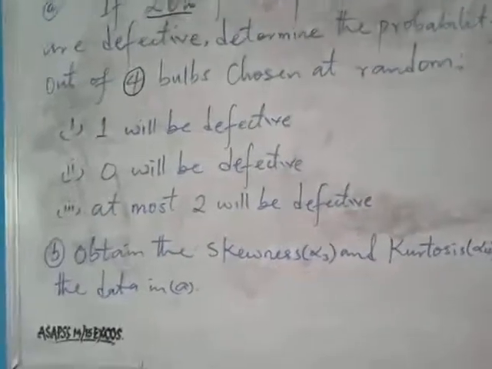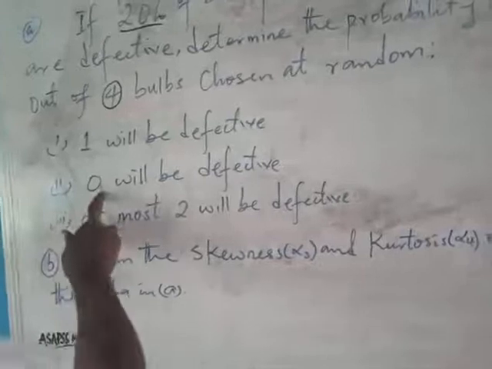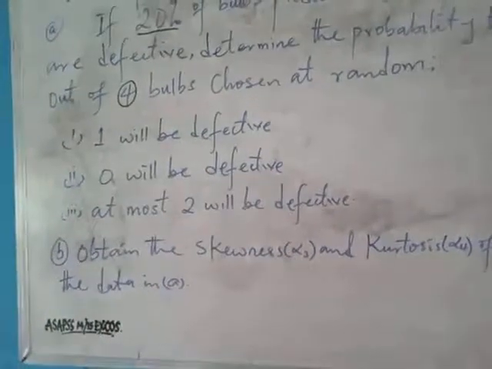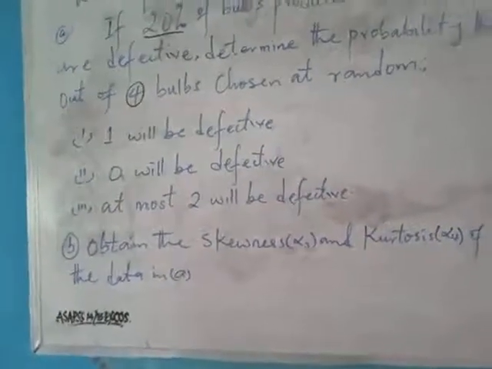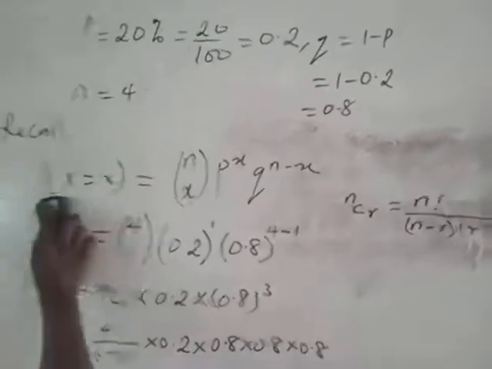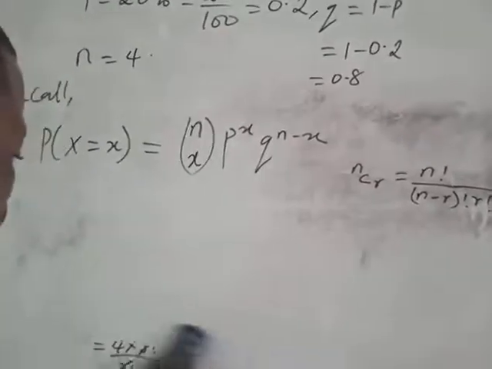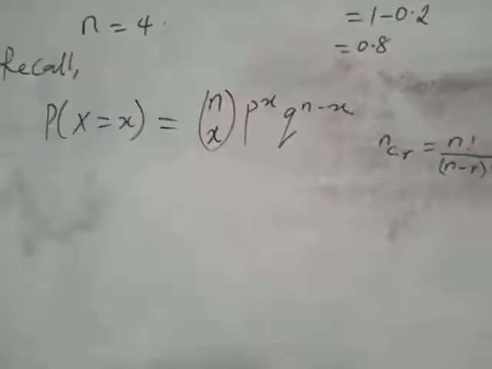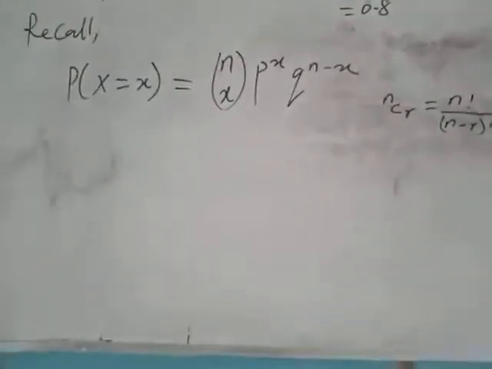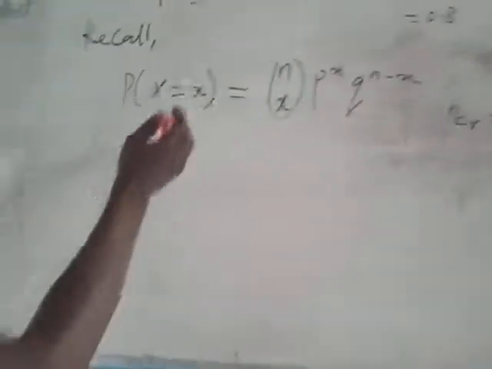So the second question is to find the probability that 0 will be defective. Here our x is 0.